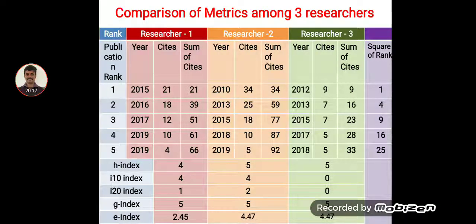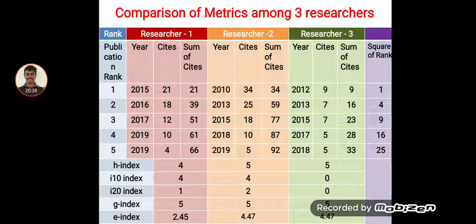Similarly, for all the 3 years it is tabulated. In the first column the publication ranking is also given, from the highest to the lowest citation, and the last column gives the square of the ranking, which is R square or G square.